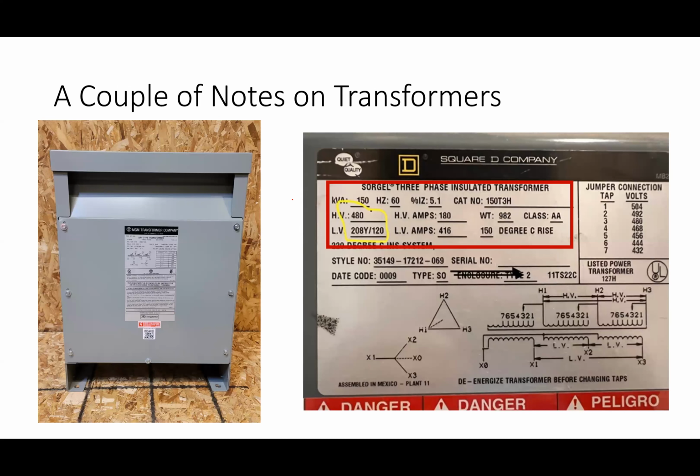So, a couple of basic notes on transformers. This is a pretty typical transformer that you see on the left, like a building transformer. That's what it looks like from the outside. On the inside, it's a magnetic core made of those pressed iron sheets like I talked about last time. Why did I say there are those iron sheets in it? I talked about that at the very end.